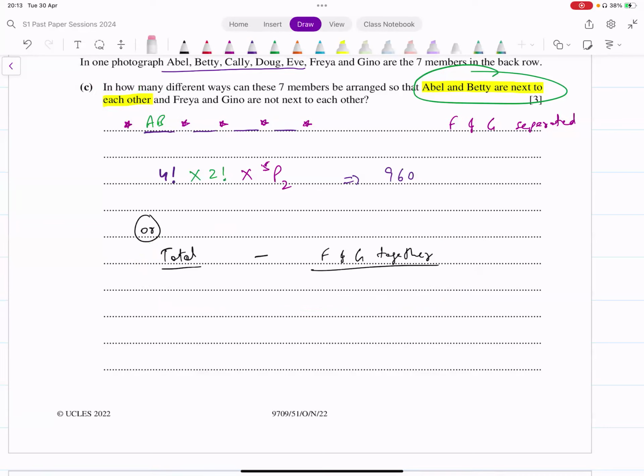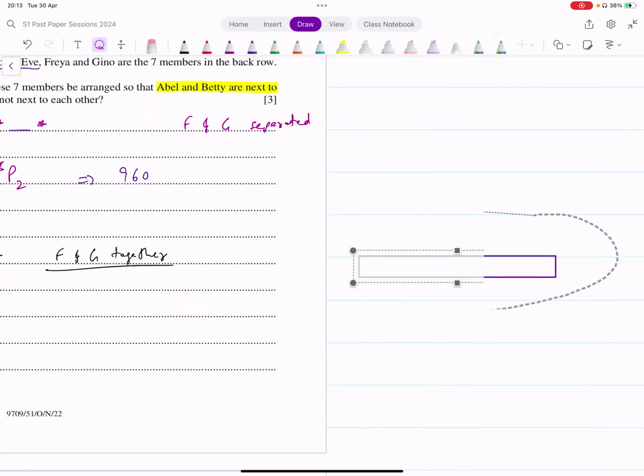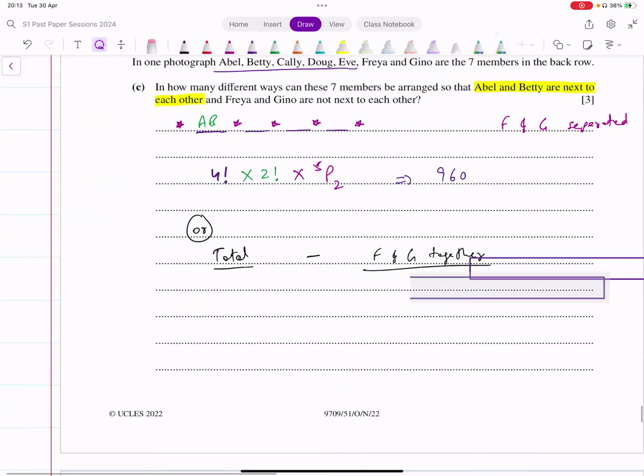Let's find the total with A and B together, but for F and G, we say there's no condition in the first case. How would that look? There are 7 people in total. We could use the boxes for this if we want. 7 people, so we have 7 boxes.